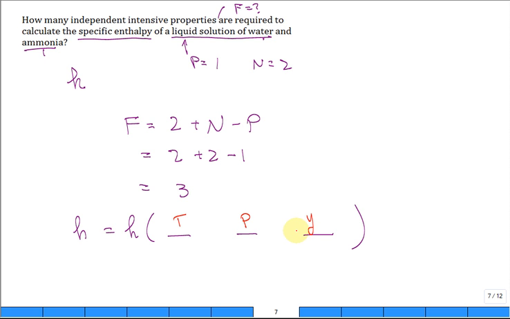One of them, if one is 60, the other is 40. So let's just say the mole fraction of ammonia. You're done. See how you would use that? And then that would allow you to calculate that other property known as enthalpy. This is an application of the Gibbs phase rule.